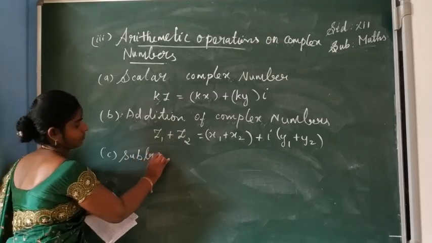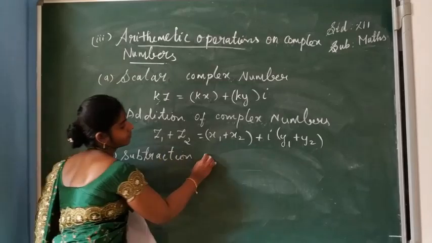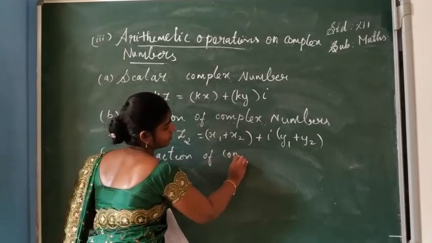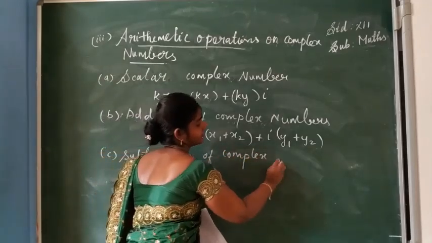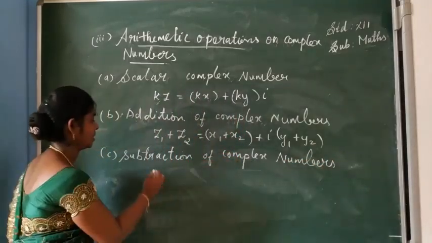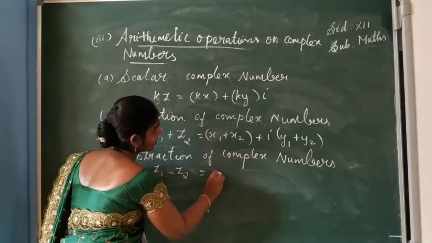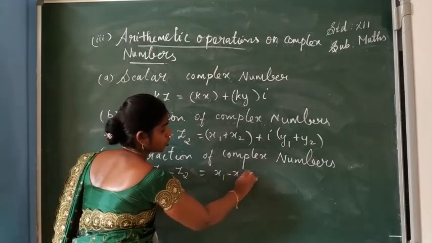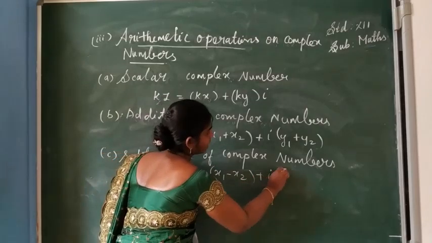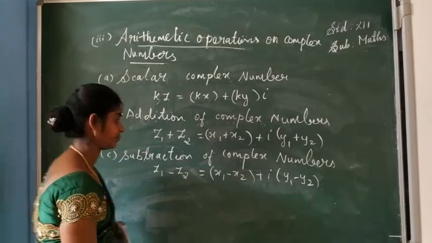Subtraction of complex numbers: z1 minus z2 equal to x1 minus x2 plus i into y1 minus y2.